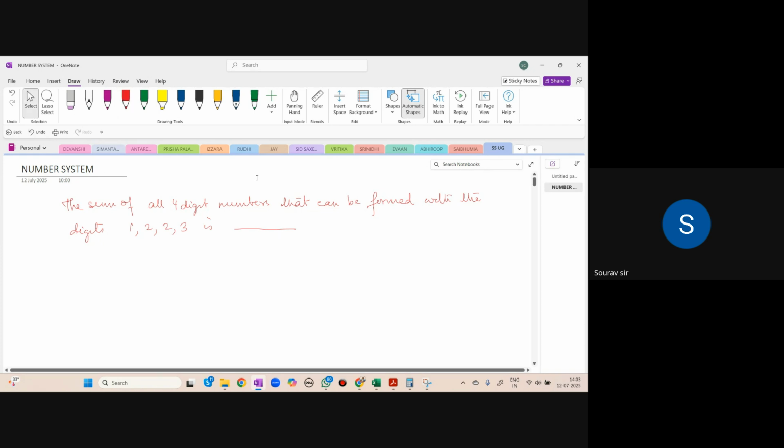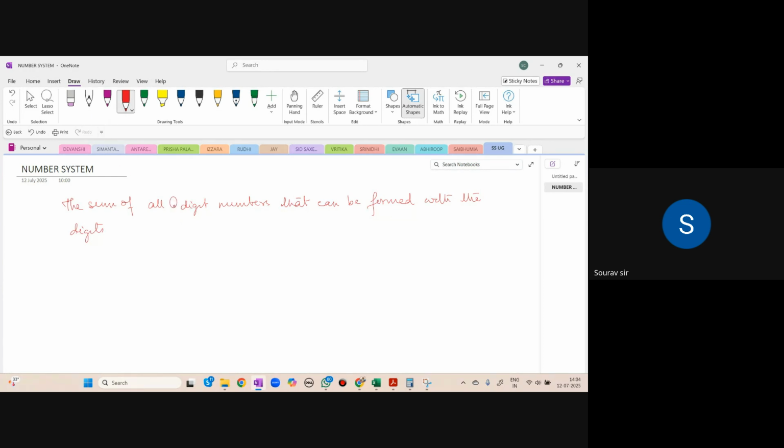Okay, let me take a simpler case. Can you do this one? All 3-digit numbers that can be formed with the digits 1, 2, and 3.